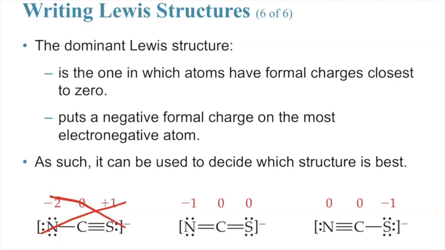Well, which one is more electronegative, nitrogen or sulfur? The one that is more electronegative will be preferable. So in this case, this one will dominate because nitrogen is more electronegative than sulfur. So this is the structure that will be preferred.